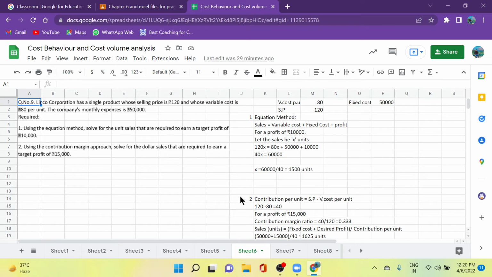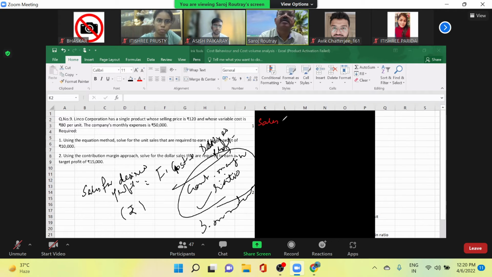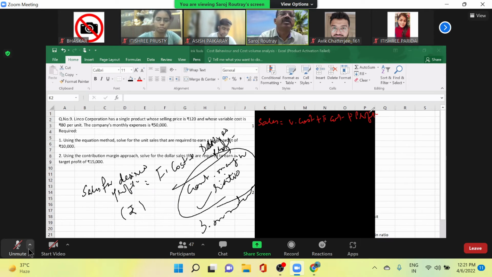Using the equation method, we can put the equation like this. Sales is equal to variable cost plus fixed cost plus profit. Sales is how much? Sales is 120x.